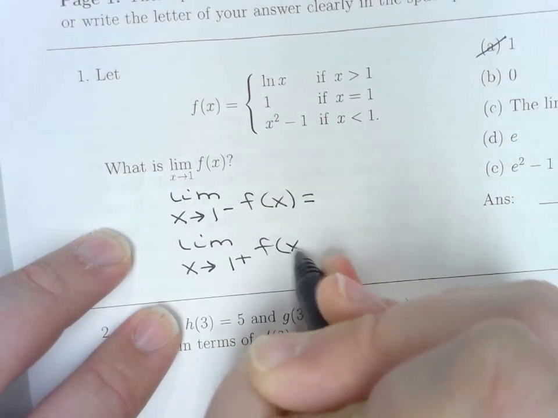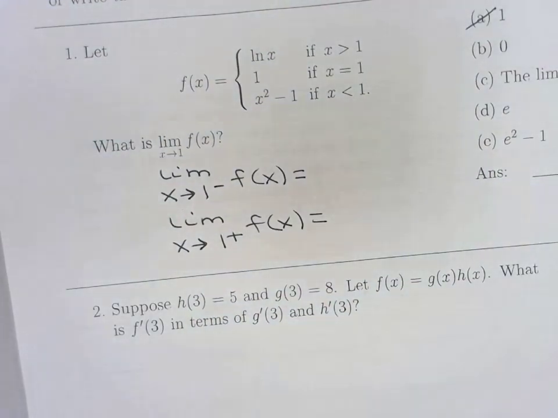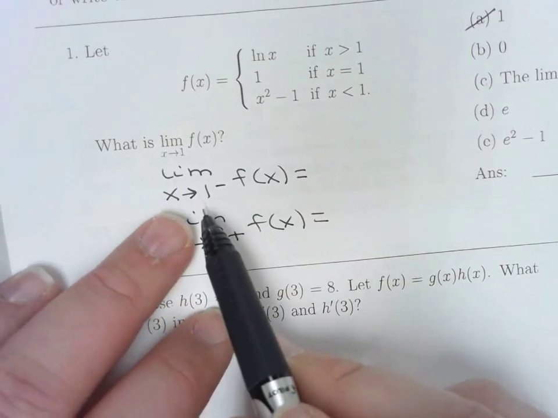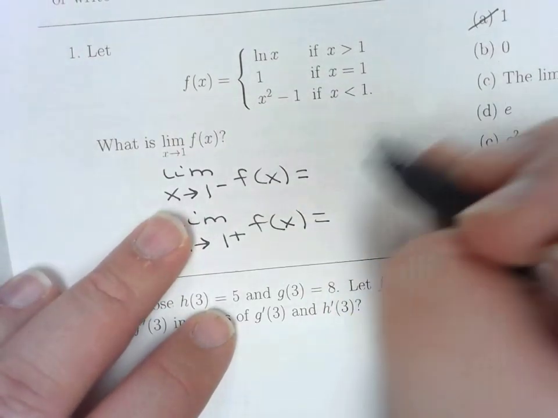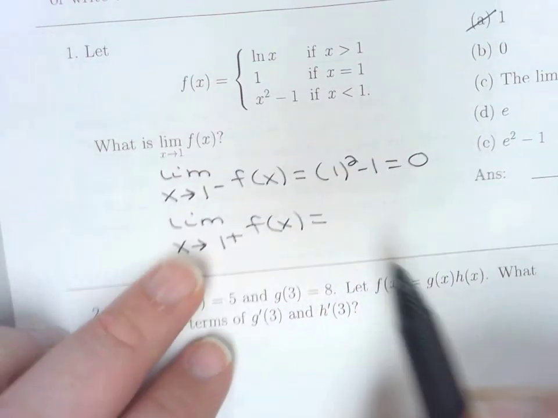And what do I know about both of those? They have to be the same. If from the left and from the right were not the same, then it would be C, it does not exist. So left and right both have to be the same. It's not bad once you get that idea down. From the left, you're plugging it into the bottom one, because that's when x values are less than 1. So 1 squared minus 1, 0.